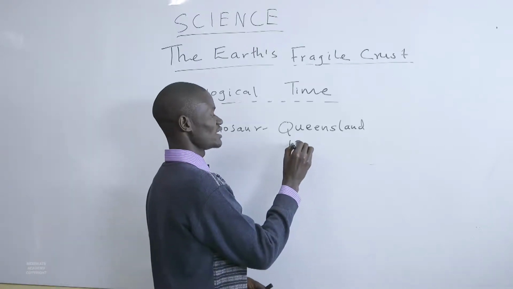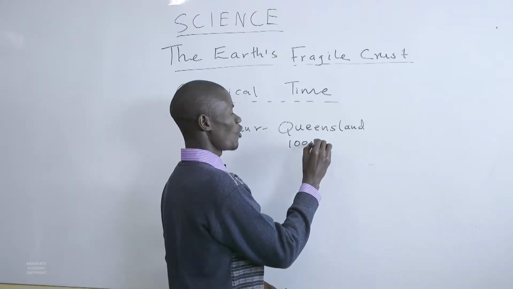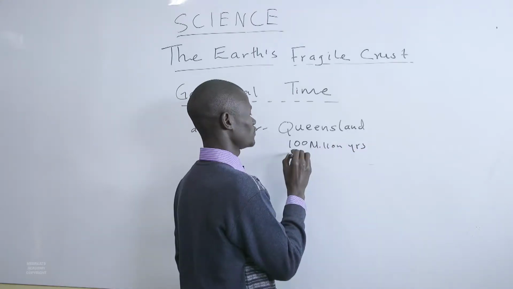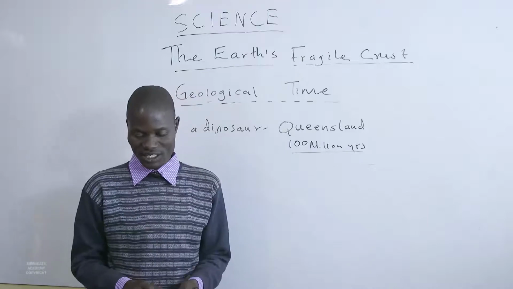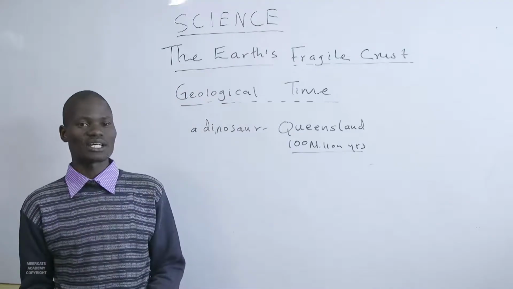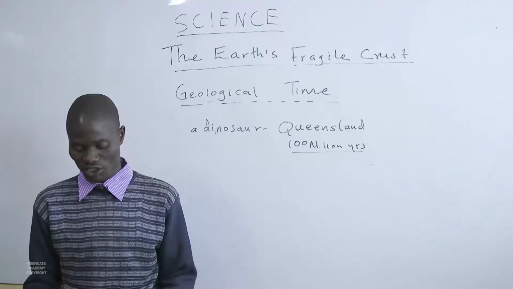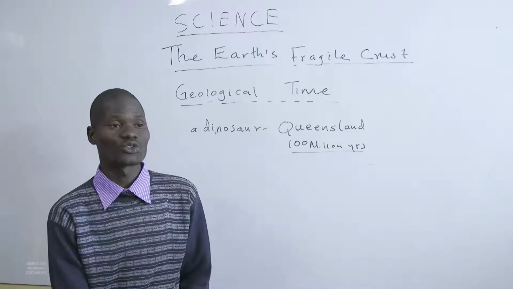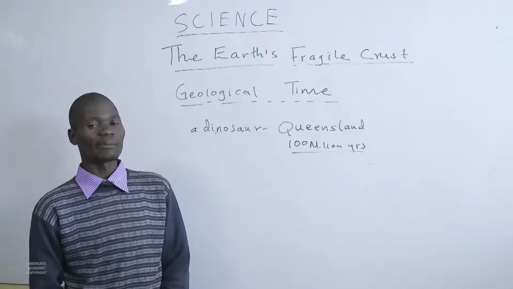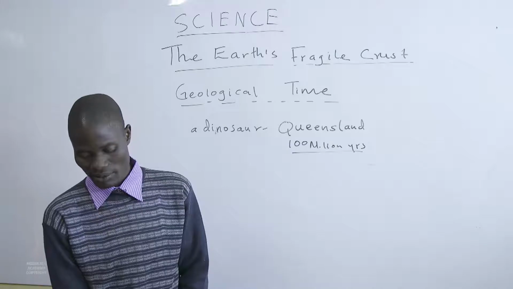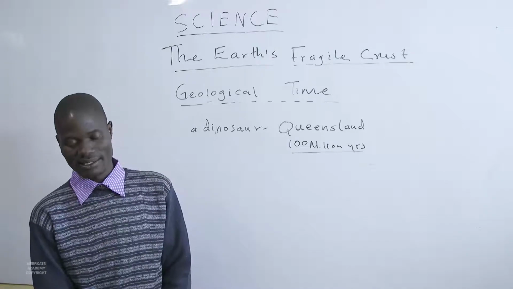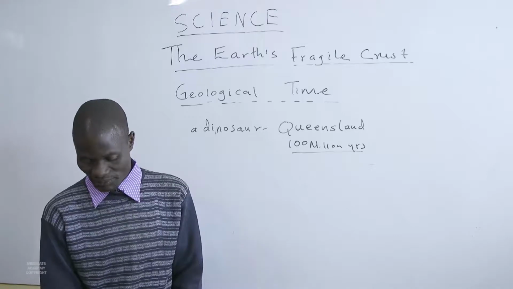That is as a result of the study of fossils. That one is the footprint of a dinosaur. Right now, a dinosaur is an extinct animal and cannot easily be found, but it was found during a given period of time when paleontologists studied its fossils in the land of Queensland.